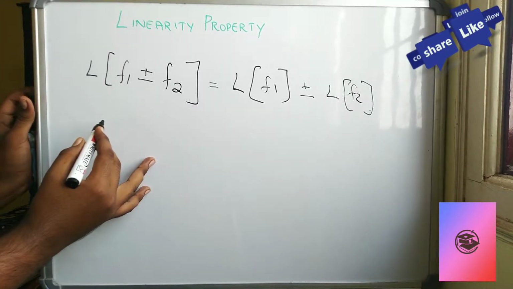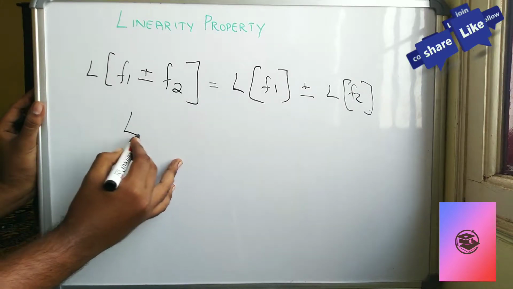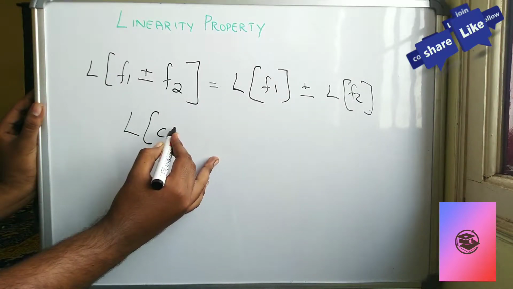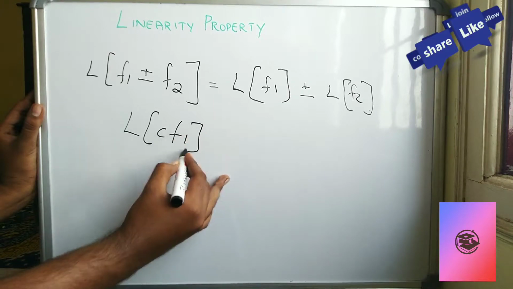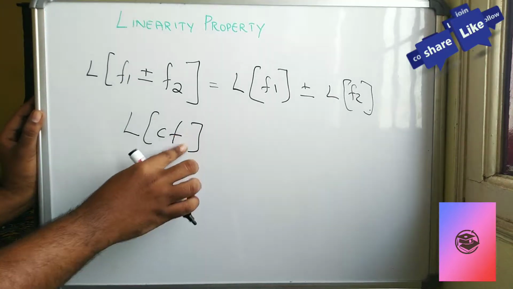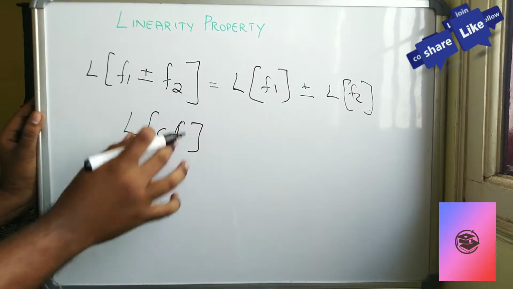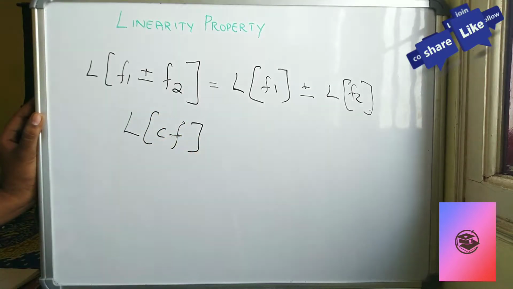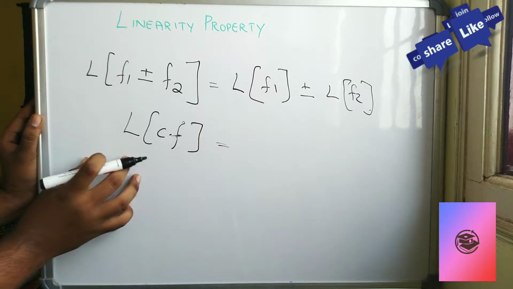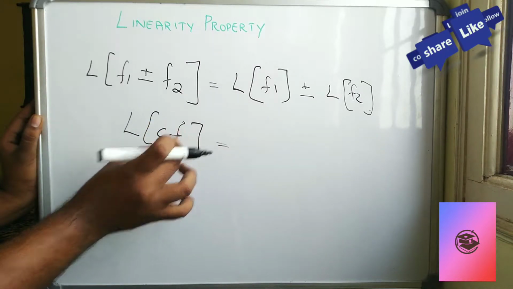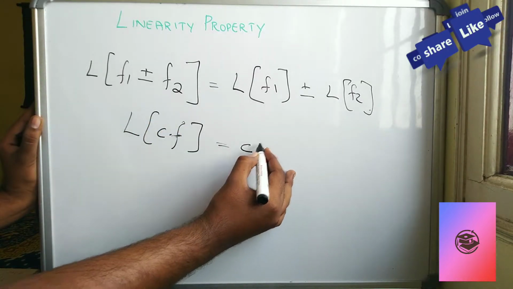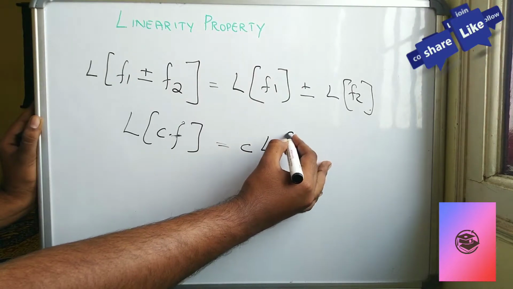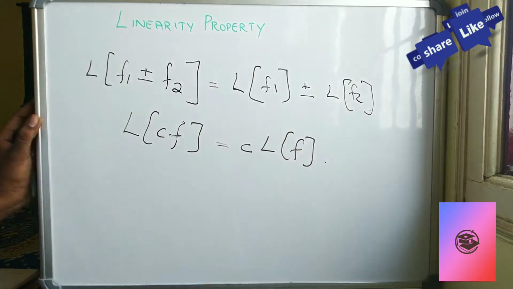One more point you have to remember is that if the Laplace transform of some constant c times a function f is given, the Laplace transform of a constant into a function will be the constant taken outside, times the Laplace transform of that function.